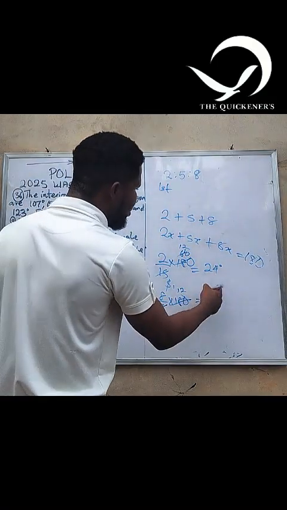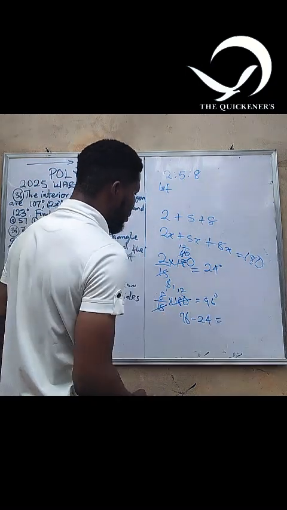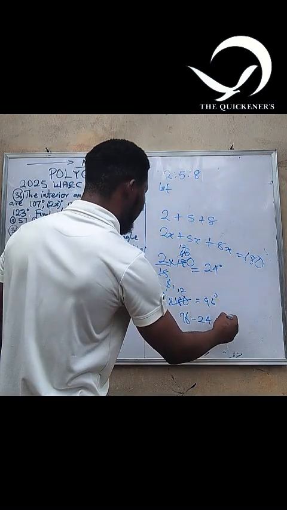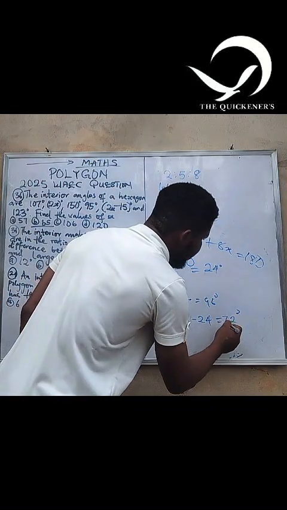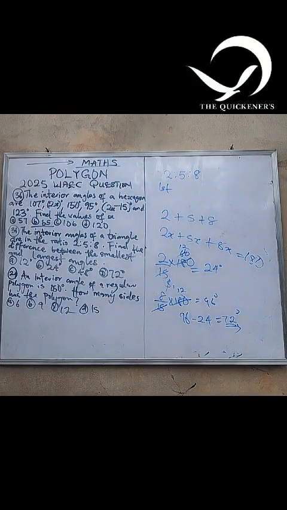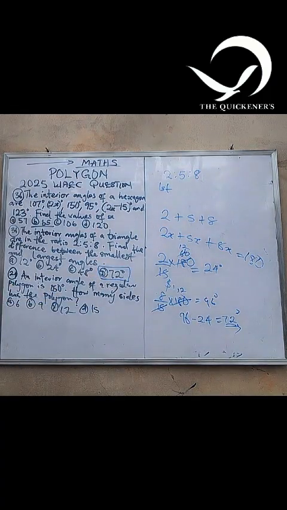So the difference between these two will be 96 minus 24, that will give me 72, right? Am I correct? Yeah, 72 degrees. Alright, so my answer for this one is 72 degrees. Can you see that? I hope you understand this now.